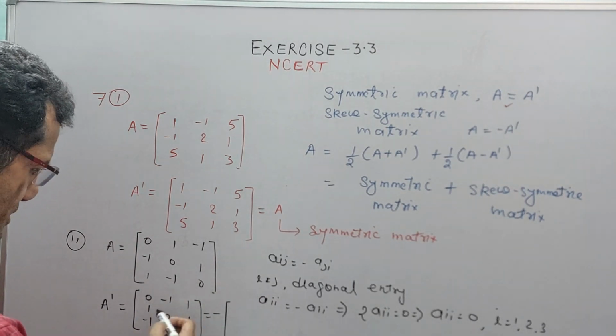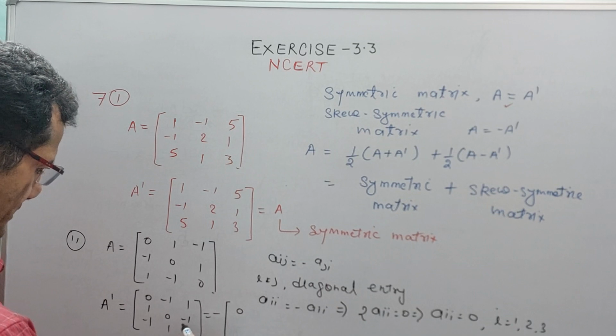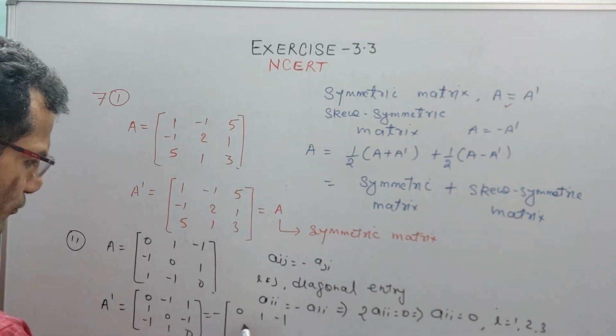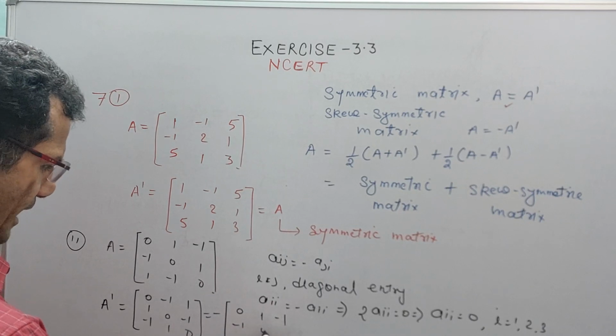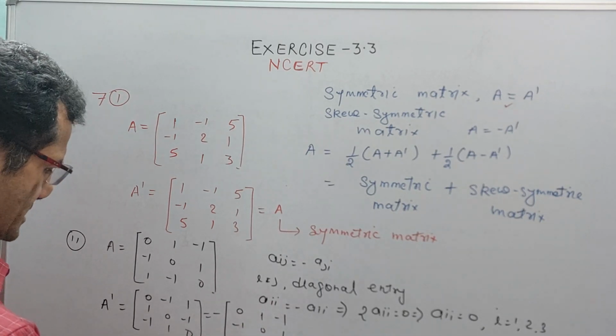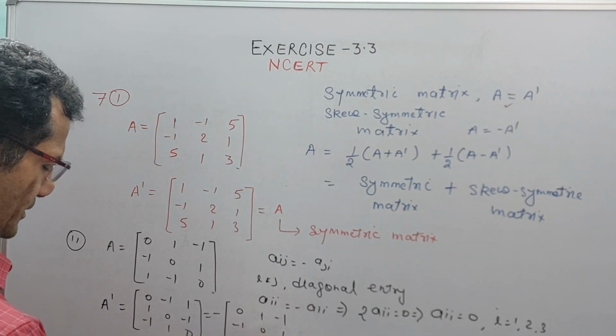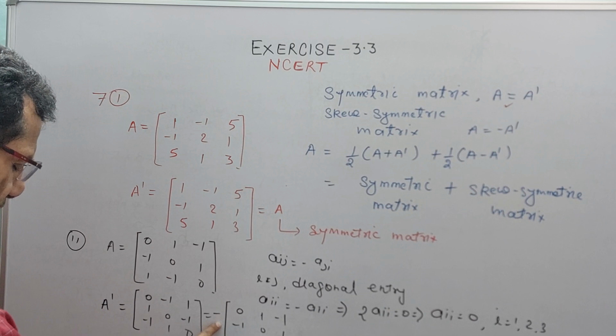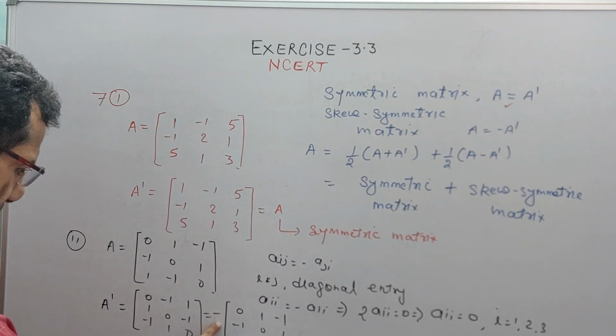If you take minus out, the first row becomes 0, plus 1 and minus 1, and the second row becomes minus 1, 0, and so on, with minus minus becoming plus. Just multiply each entry by minus 1.